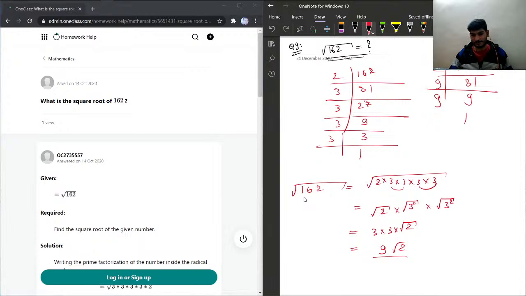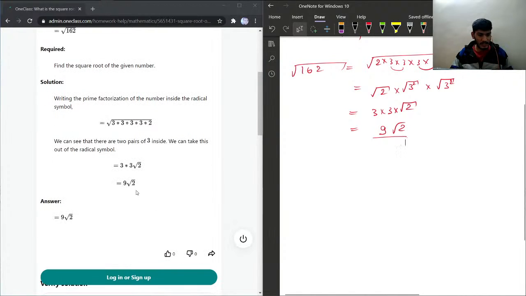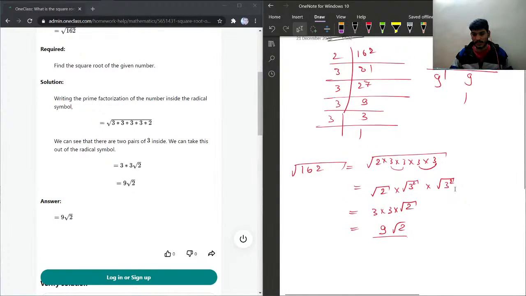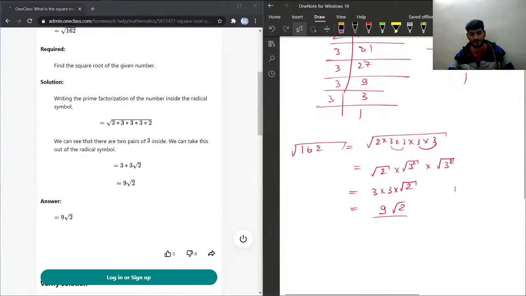I think that here they have ended at 9 square root 2, but if you want to find this exact or pretty much closer value, then what we can do is this. The square root of 162 will lie between 12 and 13.